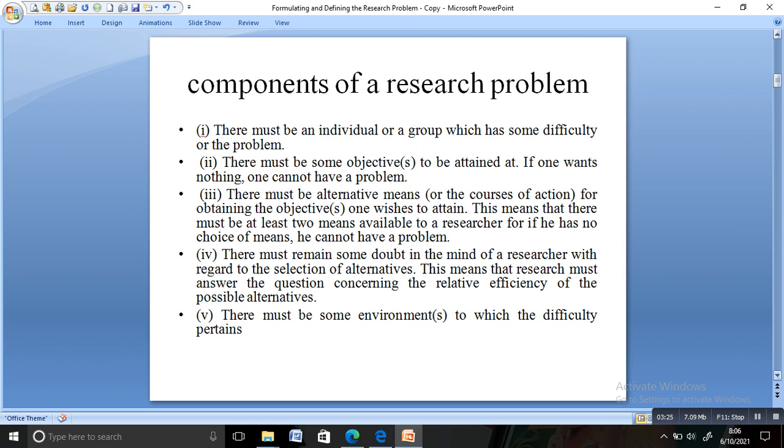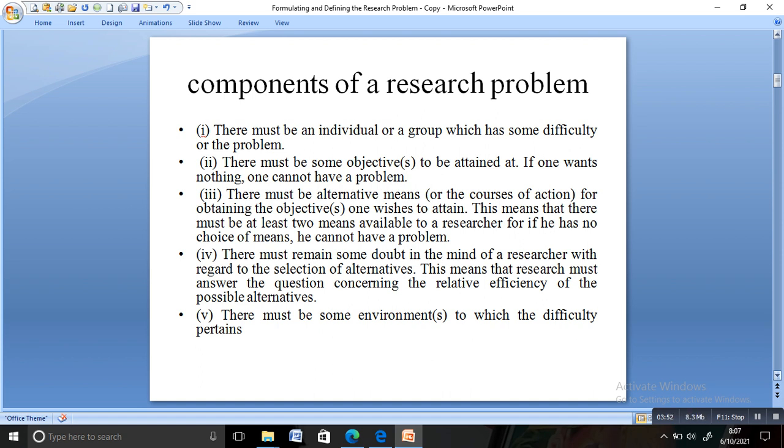That is the research problem, and there must be some environment to which the difficulty pertains. So what are the various components of a research problem? First, there should be an individual or group which has some difficulty or problem. Then you should have some objectives to find out the problem.